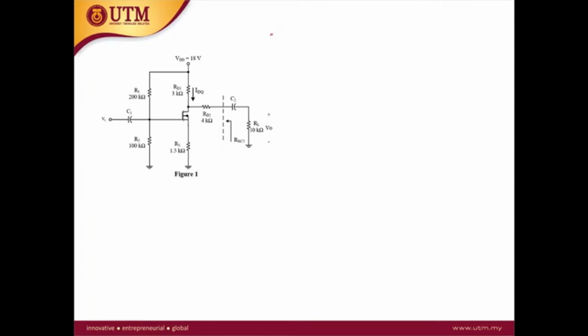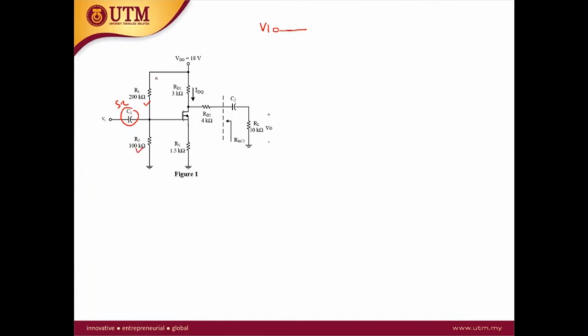So we draw the mid-band equivalent circuit starting from the input port. So this is the input port Vi, and then at the Vi we have this coupling input capacitor. So it should be short circuit. So this is short circuit. And then we have R1 and R2.